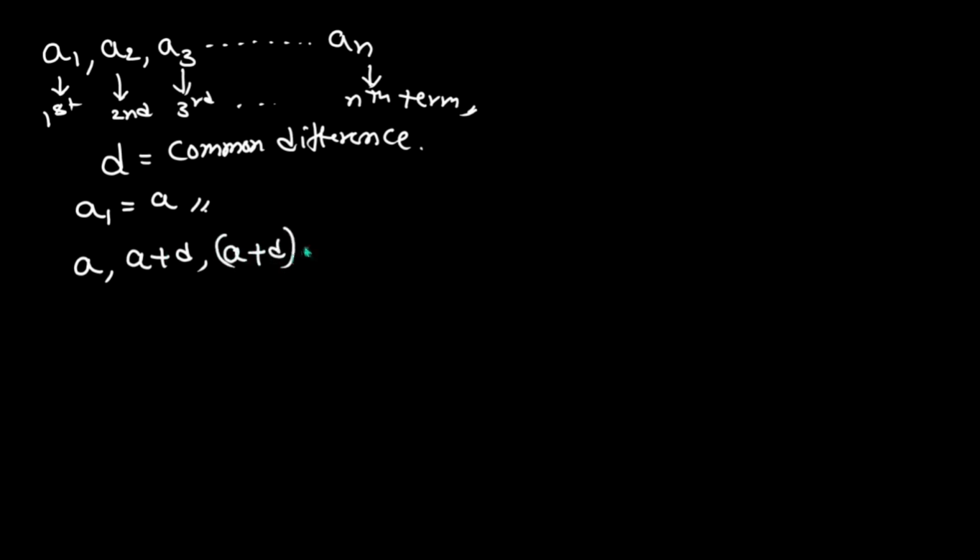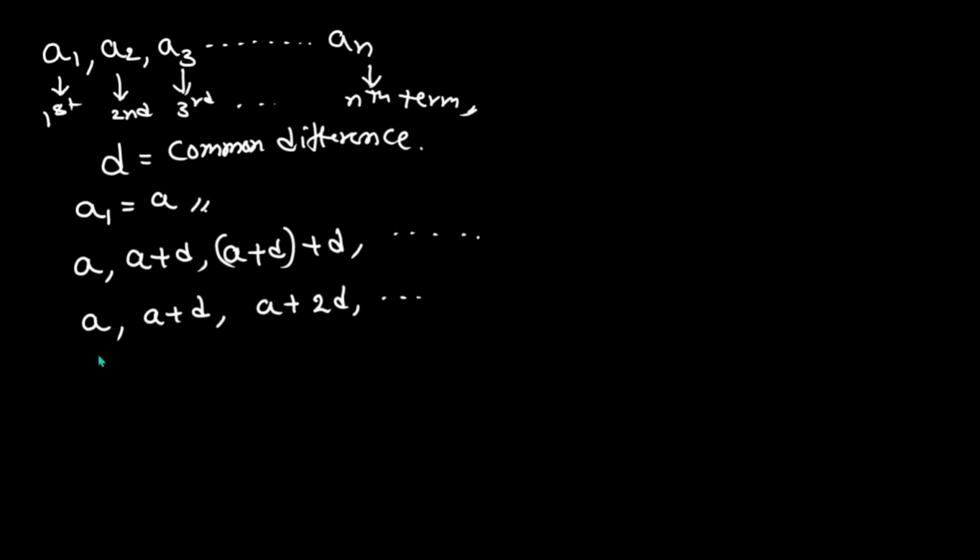So and so on. I'll write the nth number a little later so you can understand better. So what you can write here is: A, the next term is A plus D, the next term is A plus 2D, and so on.